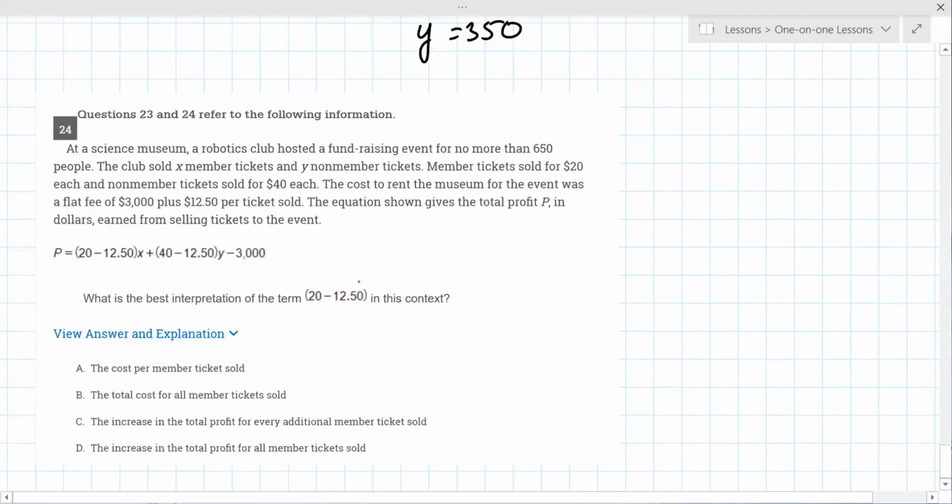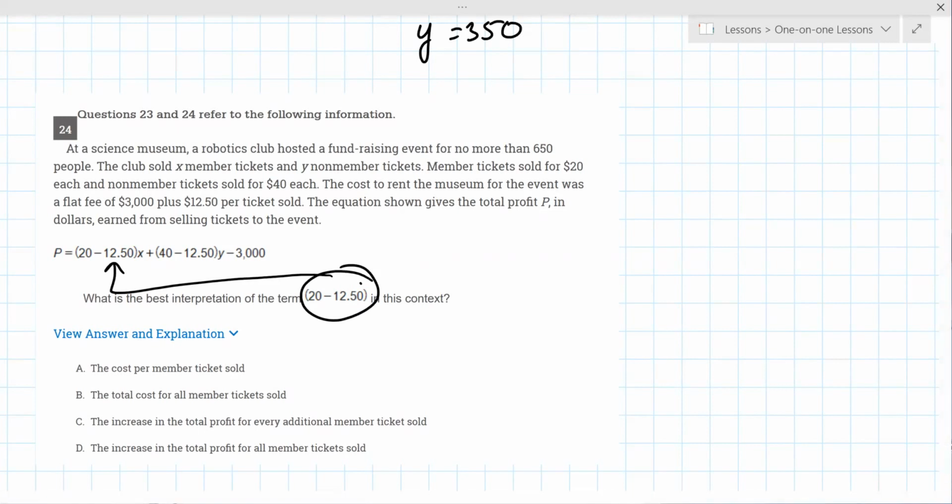So they're asking what do you mean by this 20 minus 12.5? Okay. I'm not that sure here. So the tickets sold for $20, the other tickets sold for $40, and the cost to rent the museum was $12.50. Okay, so what this represents is their profit. They sell it for 20, but it costs them $12.50.